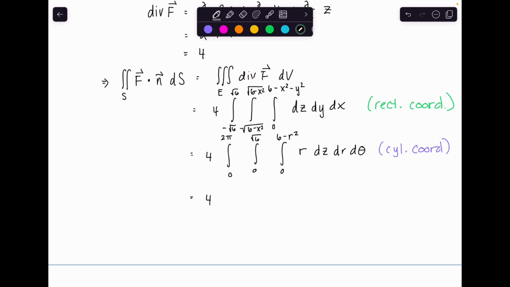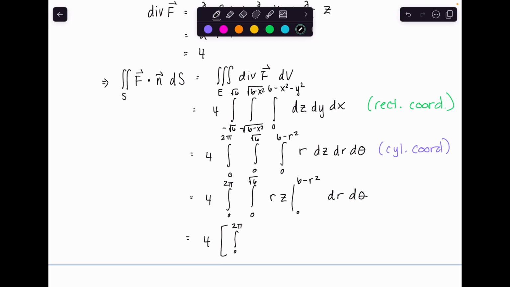Before I can start separating this, I need to at least go through this first integral. The antiderivative of r with respect to z is rz, evaluated from 0 to 6 minus r squared, and then we're left with dr d theta. Realistically, you could have pulled this out.